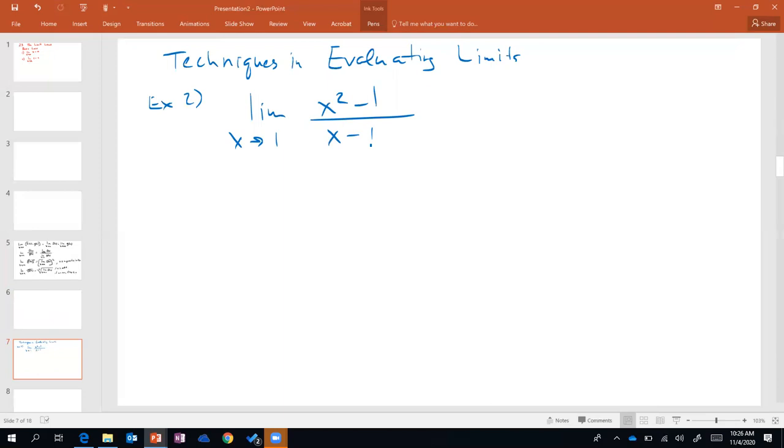Techniques in evaluating limits. I don't think my calculator has one, or if it does, it's abbreviated. All right, maybe let's see.